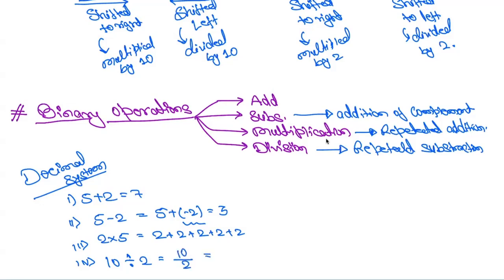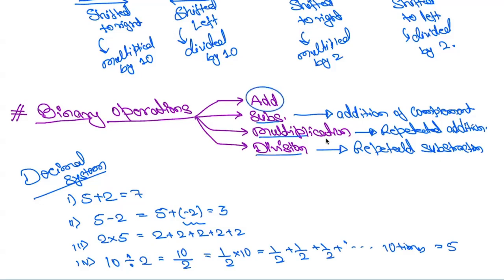So it is 1/2 multiplied by 10, that is 1/2 plus 1/2 plus 1/2 plus up to 10 times, यही है ना? ठीक है तो 5 ही देगा, yes or no? So whether it is subtraction, multiplication and division, it can be done through addition process, yes or no?